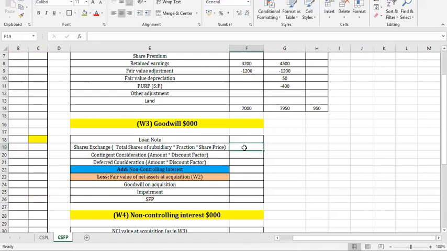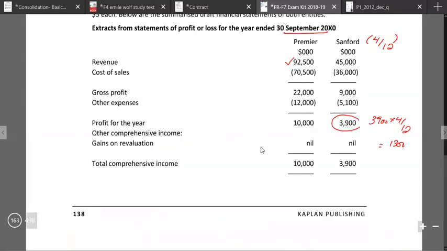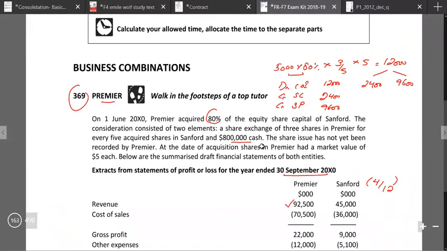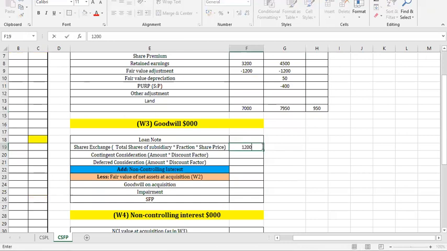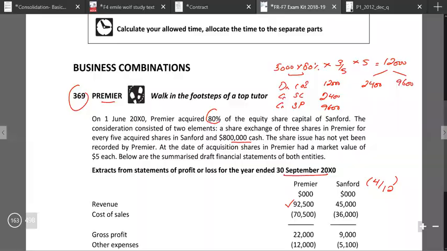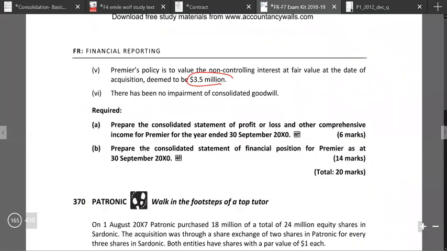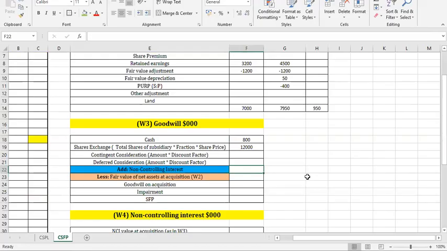Okay, share exchange, we have calculated that. Share exchange value was 12,000. And instead of loan note, we were having the cash. It was 800. Okay, no deferred consideration, no contingent consideration. What was the NCI value? It was on the last page, 3,500. Net assets at acquisition is minus 7,000.